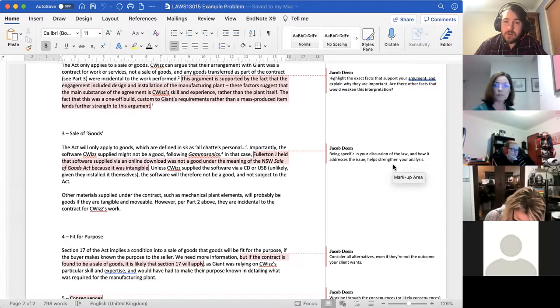It's not enough at this sort of third year level to think about just saying, oh, well, the Sale of Goods Act applies or something like that. It's being really specific and careful with the pinpoint sections, or, if a particular judgment is relevant, things like that. It's those little details that do really count and that are important here.